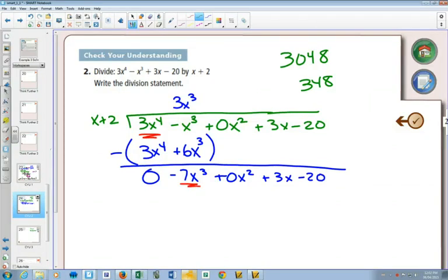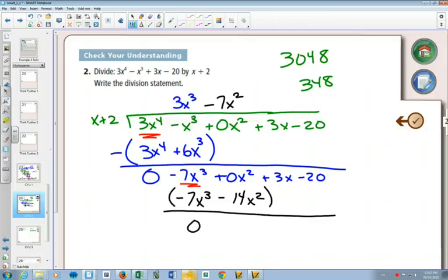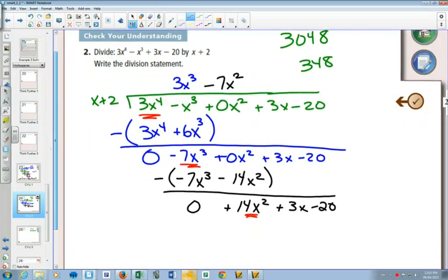Now my biggest term is a minus 7x cubed. What would I need to do? Negative 7x squared. Easy negatives. And subtract. 0. Negative would be plus 14x squared plus 3x minus 20. Now my biggest term is the 14x squared.